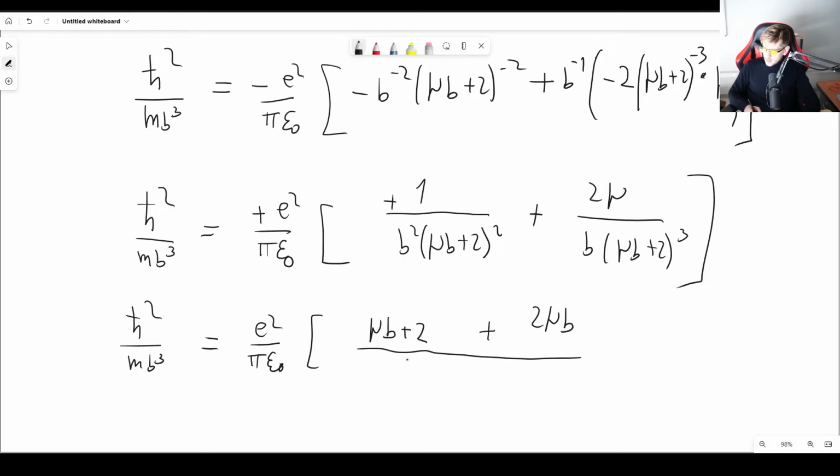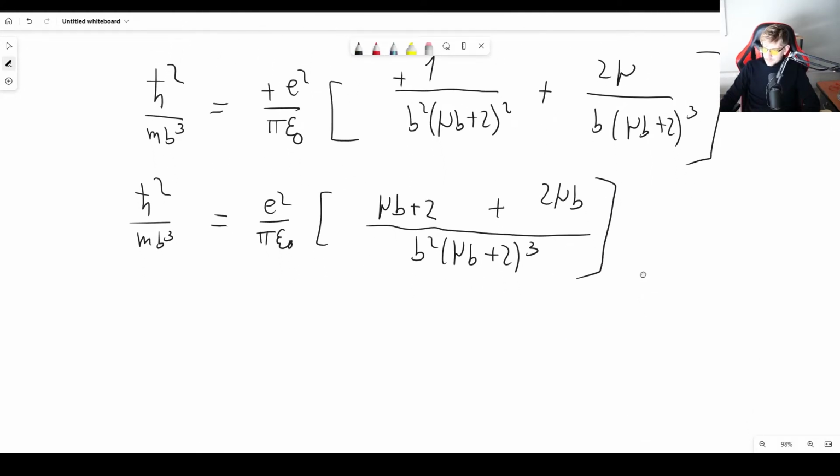And then we will have b squared times mu b plus 2 cubed. Now of course we can add this and we get 3 mu b plus 2. And what else can we do? Now we could do the following. We have mu b plus 2, we have mu b plus 2. We could go ahead and factor out the 2, for example.